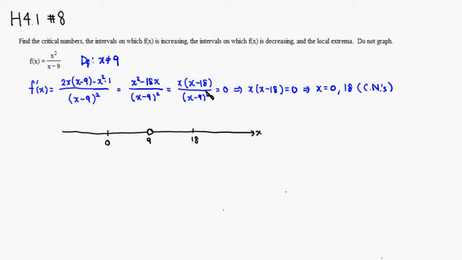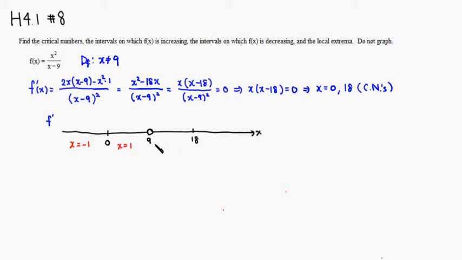Then we're going to see the sign of f prime, because this tells us about the increasing and decreasing behavior of the original function f. We can try any sample number less than 0, so I'll try negative 1. Between 0 and 9, I'll try 1.